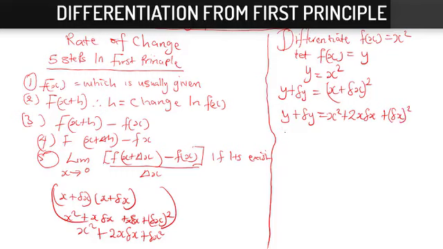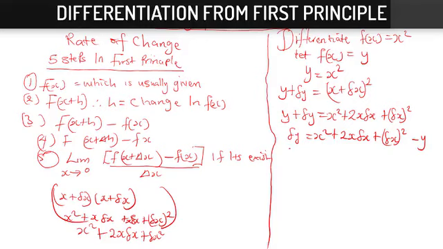Now we are dealing with change in y. Let this y go this way. We have change in y is equals x squared plus 2x change in x plus change in x all squared minus y. But remember, when we started, y was equal to x squared.